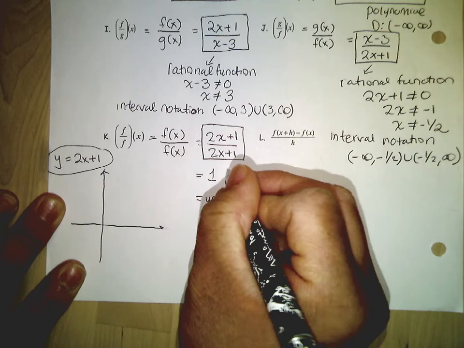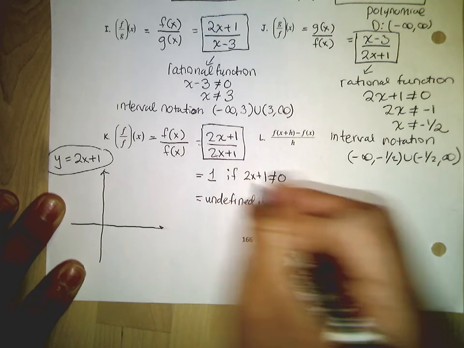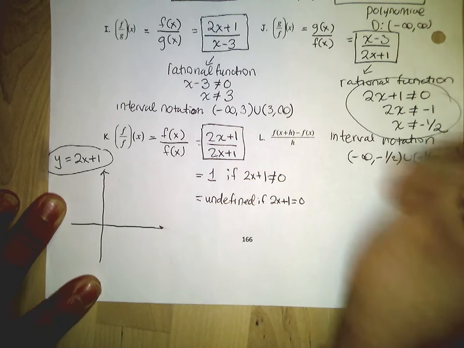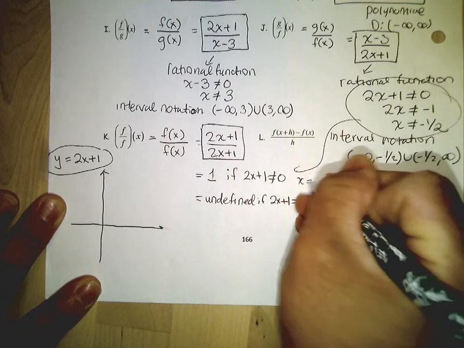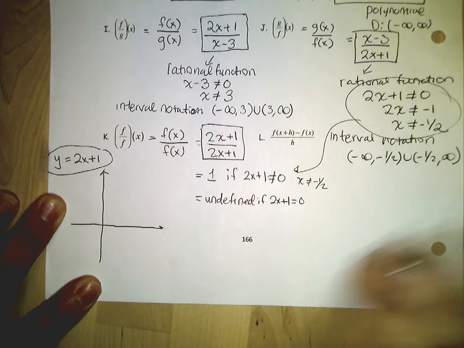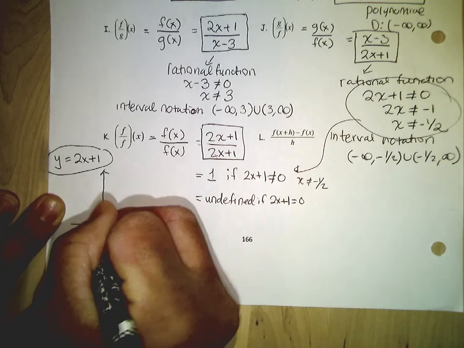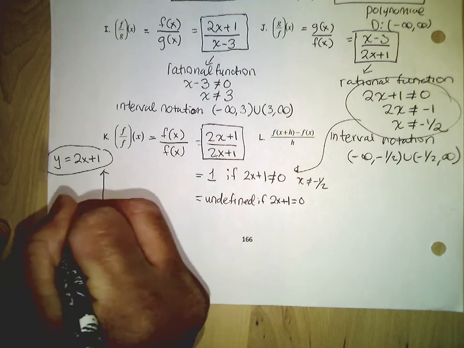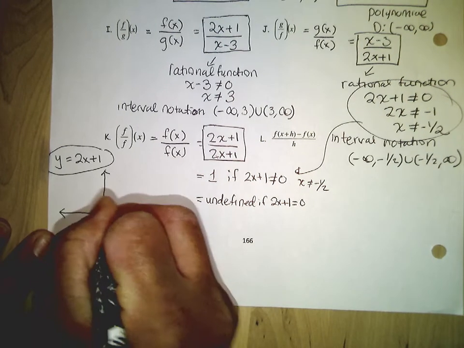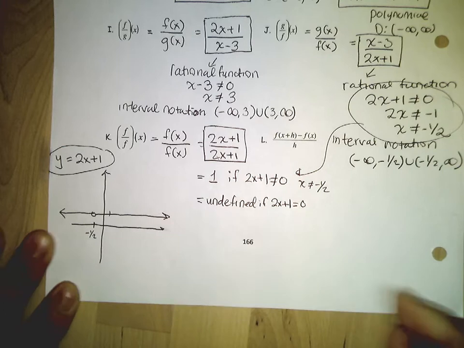So it equals 1 if, remember, when I solved this equation over here, x could not equal negative a half. If x is not equal to negative a half, so here is negative a half, here is 1, the function is undefined here, so I'll just have an open circle here.